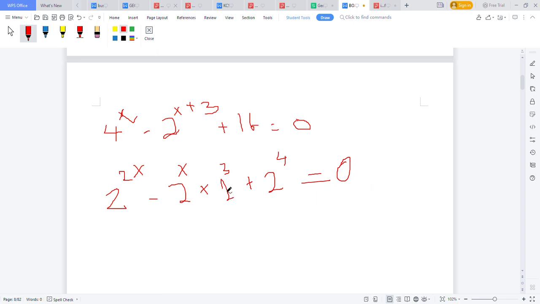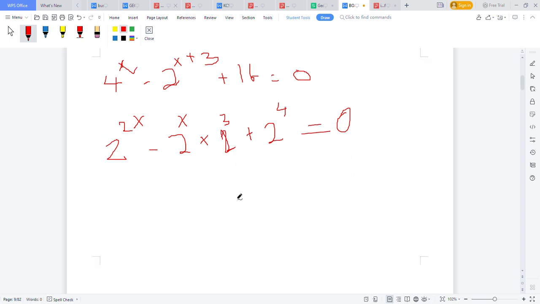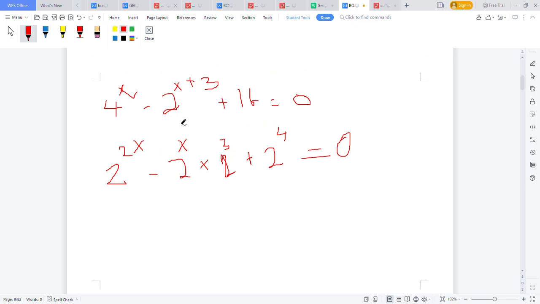Remember this. Mr. Victor, why have you decided to split this? From the first law, if you are adding the powers, you simply multiply. That's what I have done here.